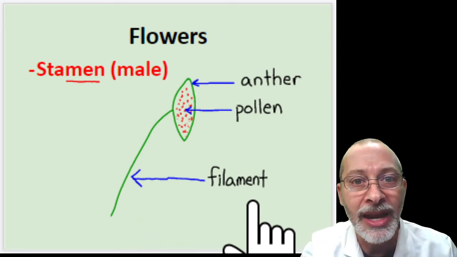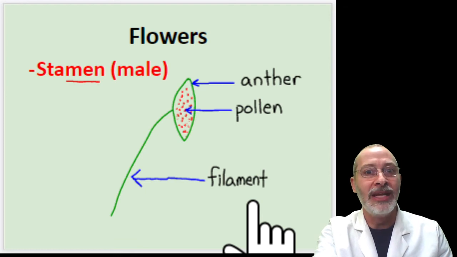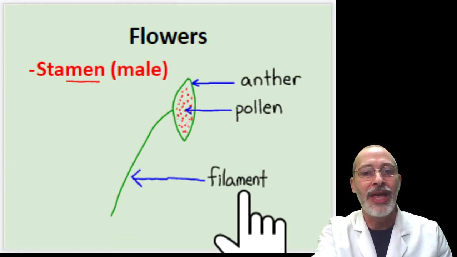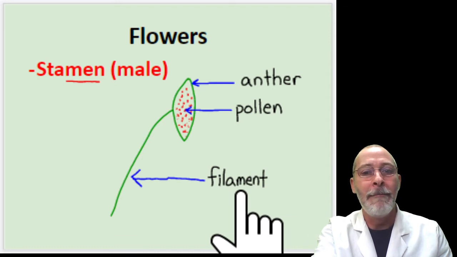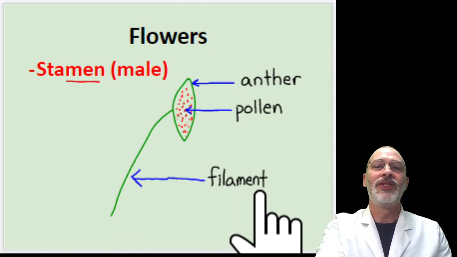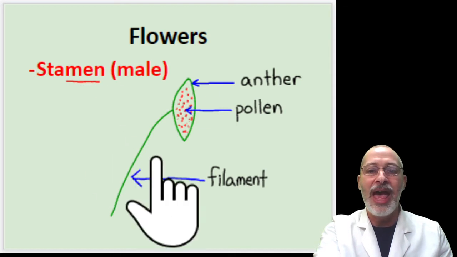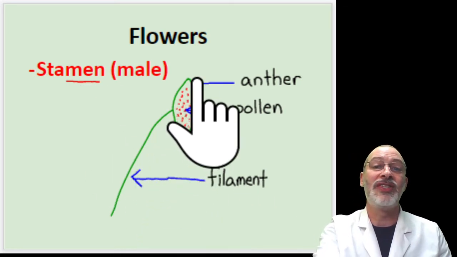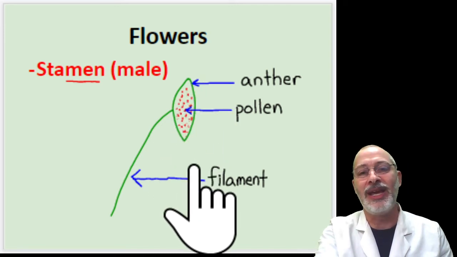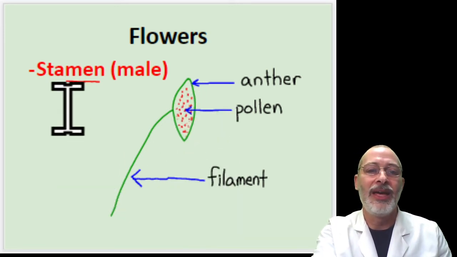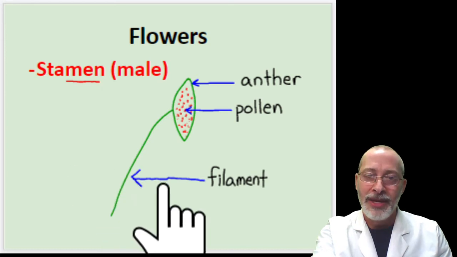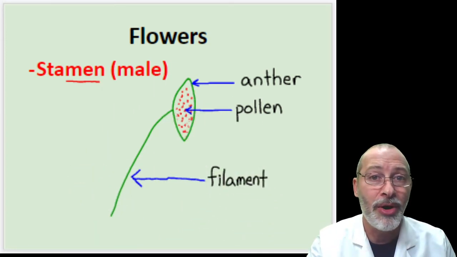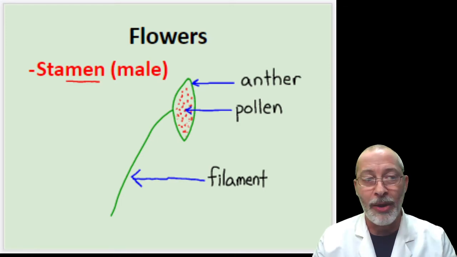Look at the word again, filament. Maybe underline those three letters, M-E-N, men, stamen, have a filament that attaches the anther containing the pollen. Study that so that you get to know the names of the male parts of the flower.